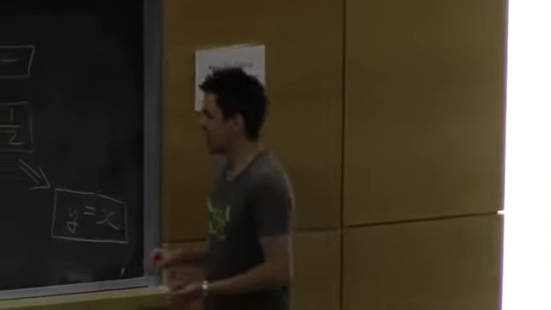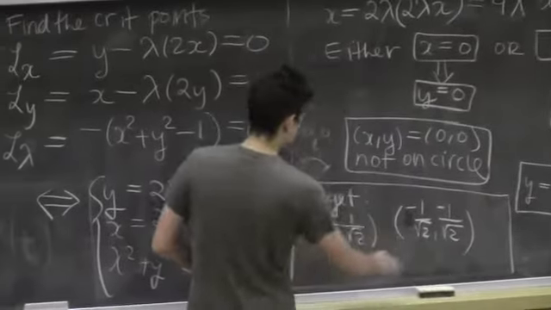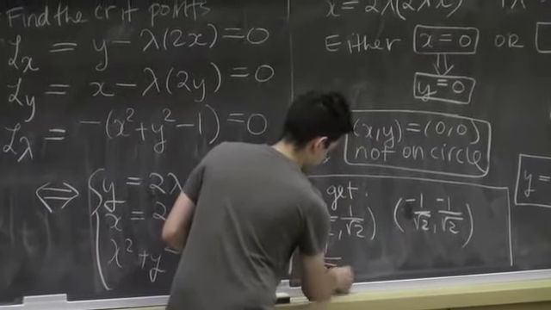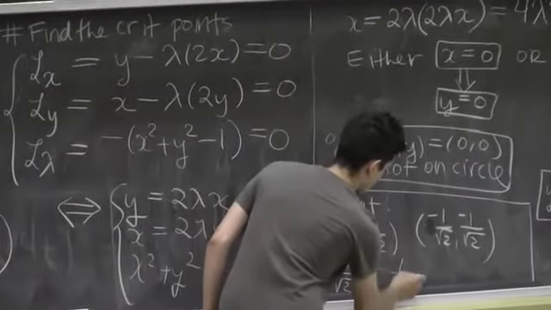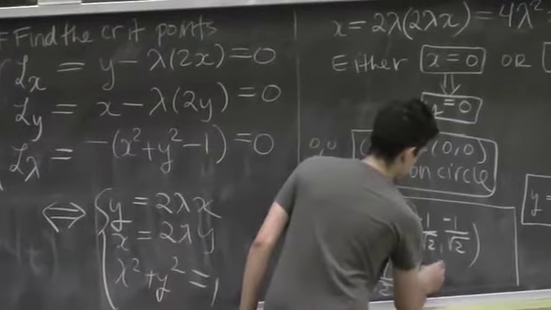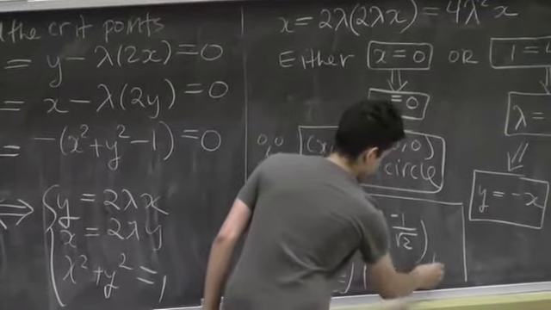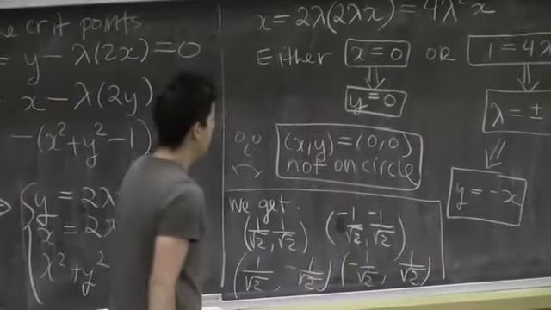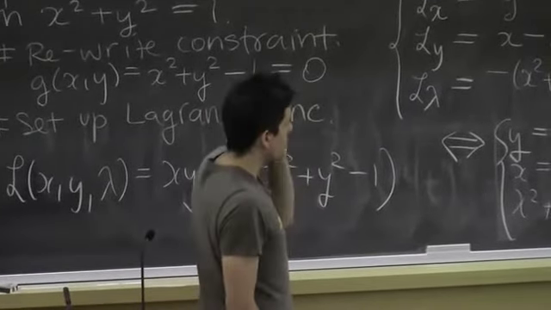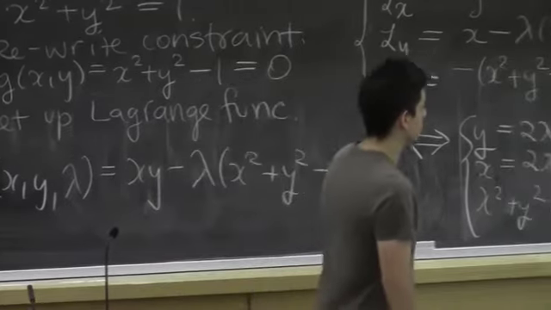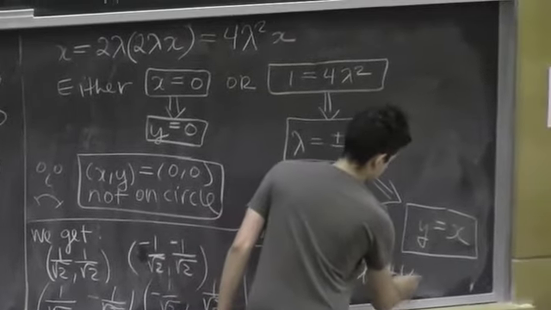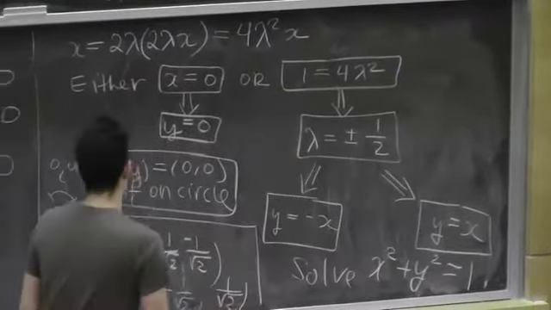And this time we get extra critical points, or new ones, I guess. One over root 2, negative 1 over root 2, and negative root 2, 1 over root 2. Okay, so those are 4 critical points that we get by solving this.